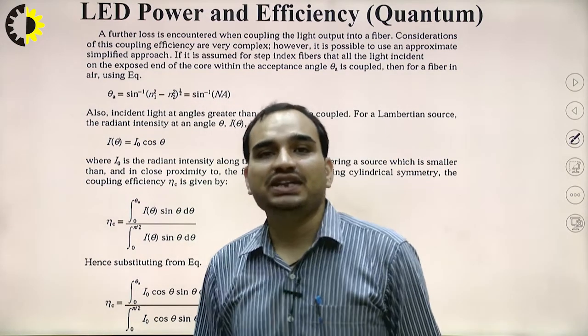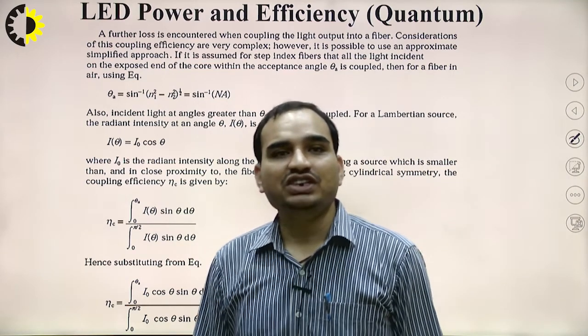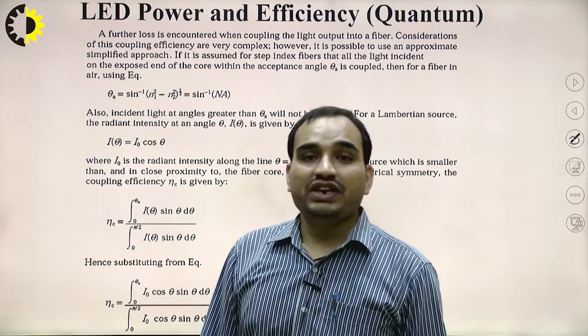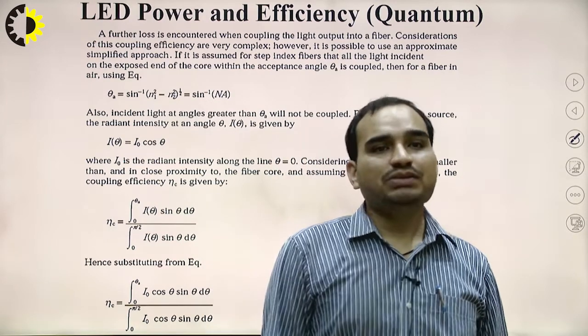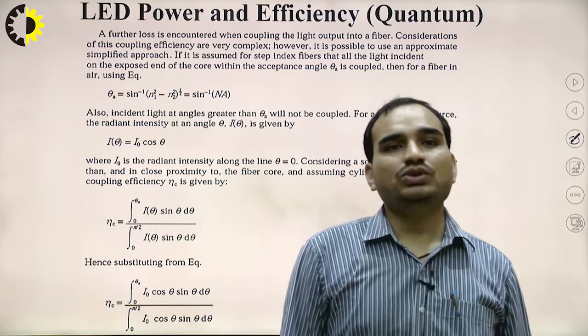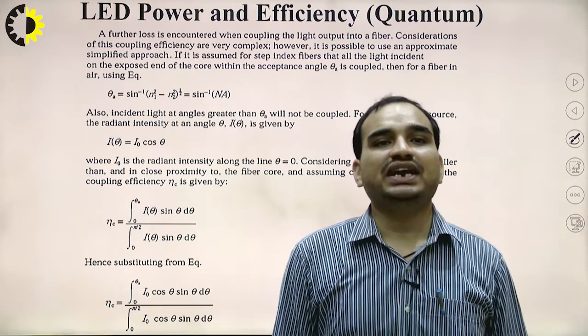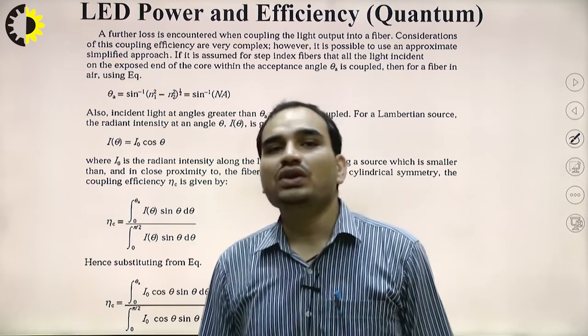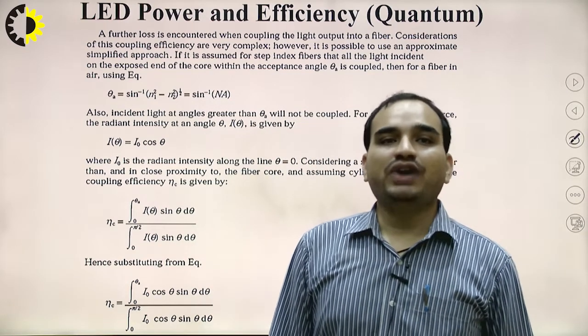When coupling the light output into the fiber, considering the coupling efficiency is very complex, so it is possible to use an approximate simplified approach. It is assumed for a step index fiber that all the light incident on the exposed end of the core within the acceptance angle theta is coupled into the fiber in air.